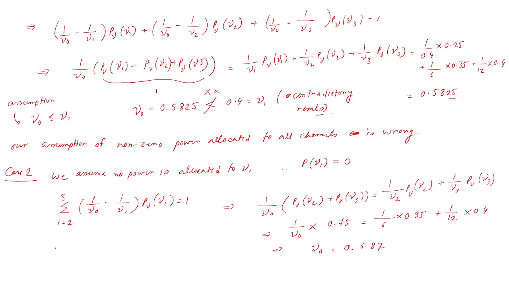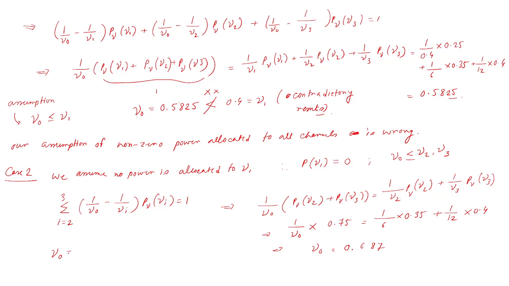Now with this assumption we can see that gamma naught is greater than gamma 1, but gamma naught is less than gamma 2 and gamma 3. That is how non-zero power allocation is happening for these two channels.